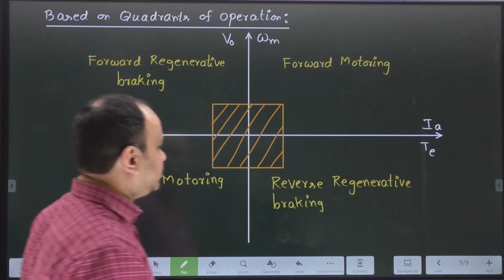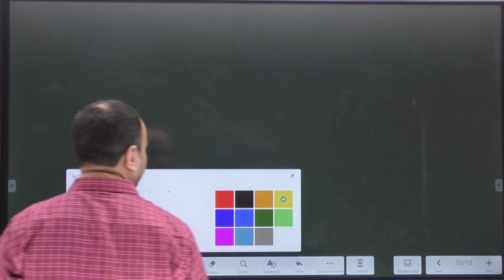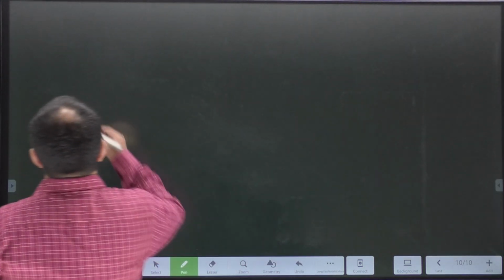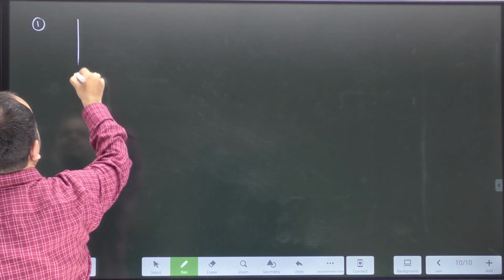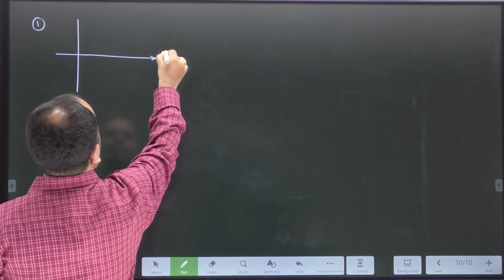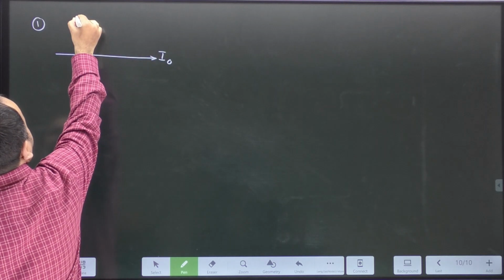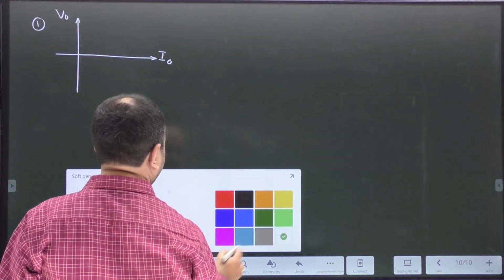This is another very important question. Now let us go quadrant by quadrant. Now the first case, say for example, we want to have operation like this. This is I naught and this is V naught, okay?